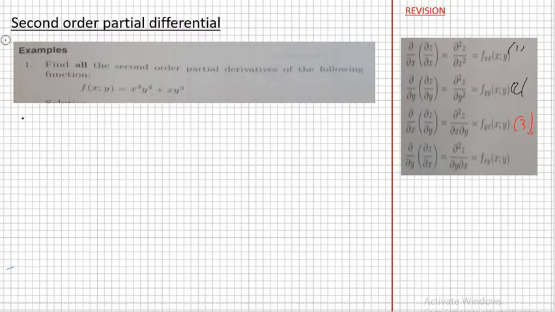Working on the same function, we have f of x y is equal to x cubed y to the power of 4 plus x y to the power of 3.